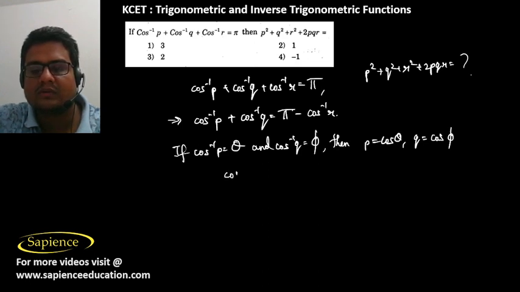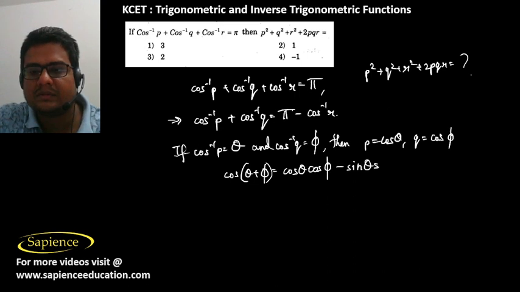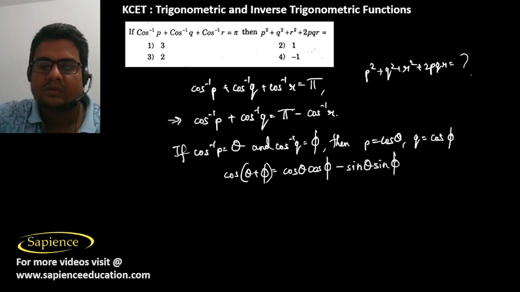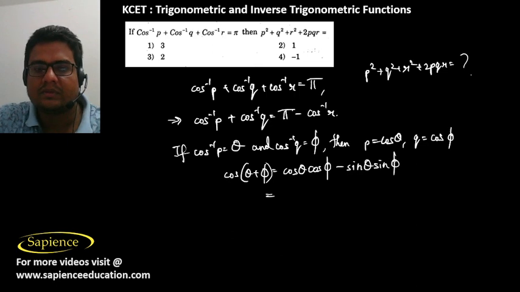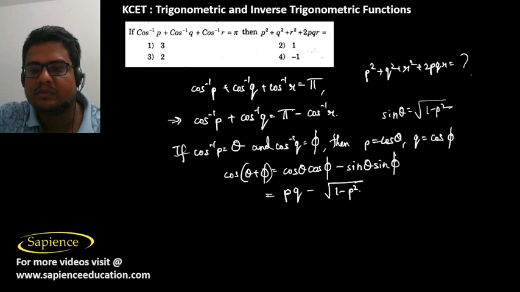So now cos of theta plus phi, that is equal to cos A cos B, cos theta cos phi minus sin theta sin phi. So therefore cos theta cos phi will be PQ minus, sin theta will be square root of 1 minus cos square theta, so 1 minus P square, so this will be square root of 1 minus P square into square root of 1 minus Q square.